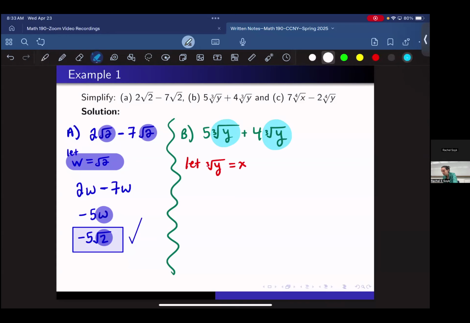Meaning wherever you see that blue highlighted, we are just going to put in an x. 5x plus 4x. What's 5x plus 4x? 9x. And now let's replace it back in with what we substituted. So what's our final result? 9 cube root of y. And we're done.